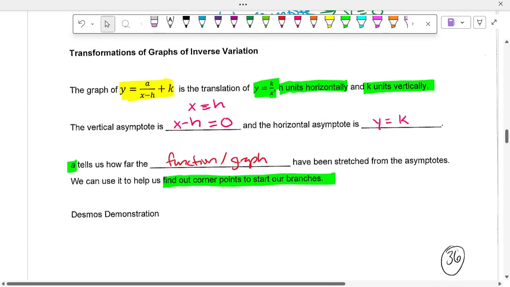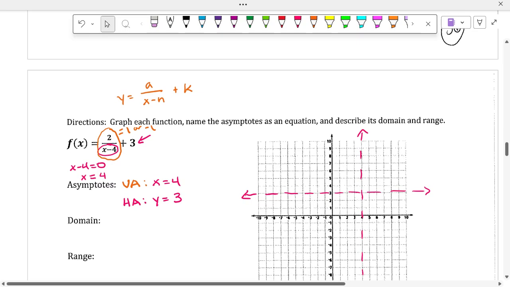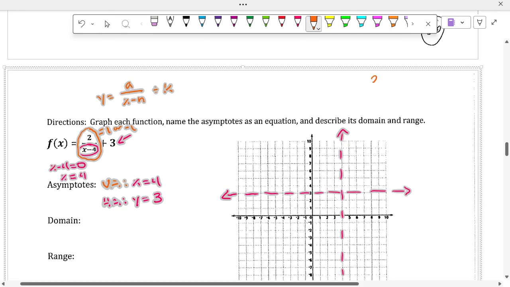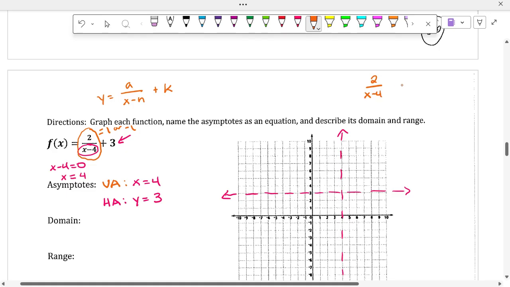All right. So if I want the fraction to be equal to 1, that means I have to get what in the denominator? So in other words, I want 2 over x minus 4 to equal 1 when I evaluate it.